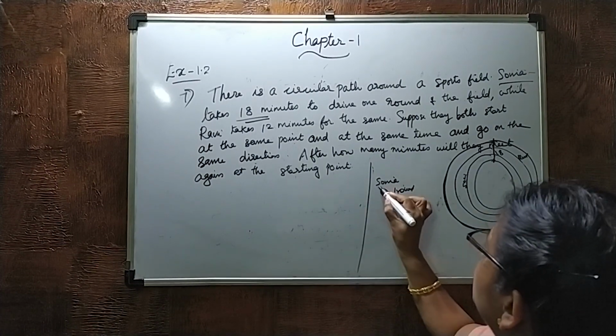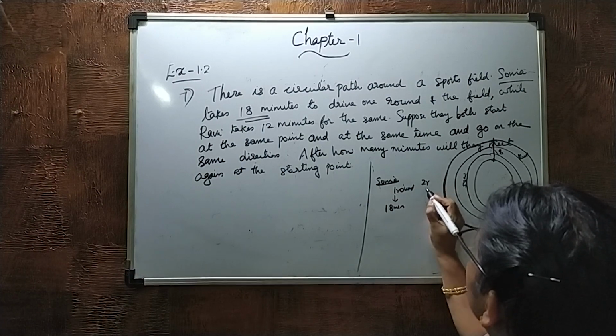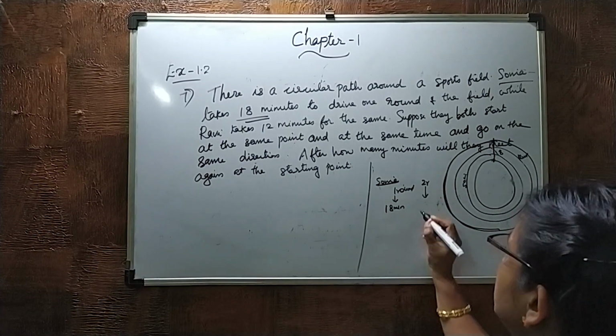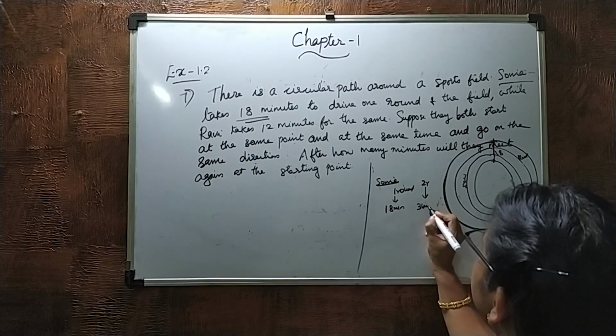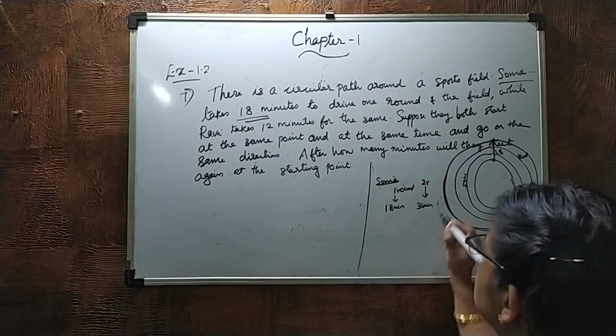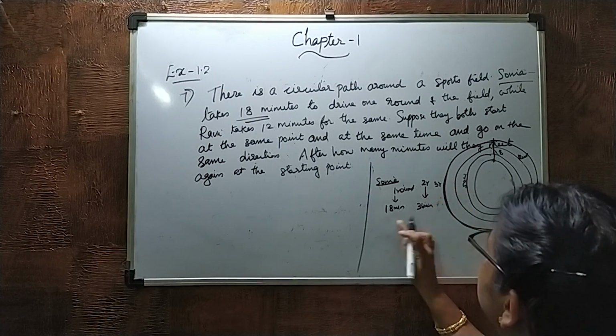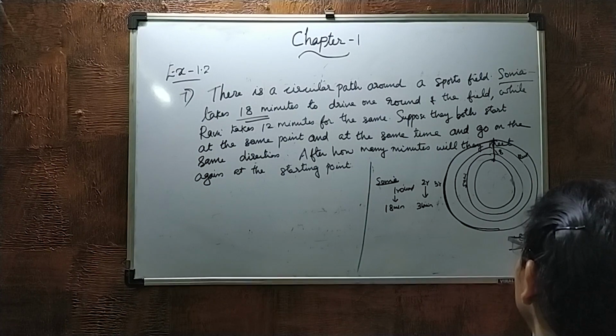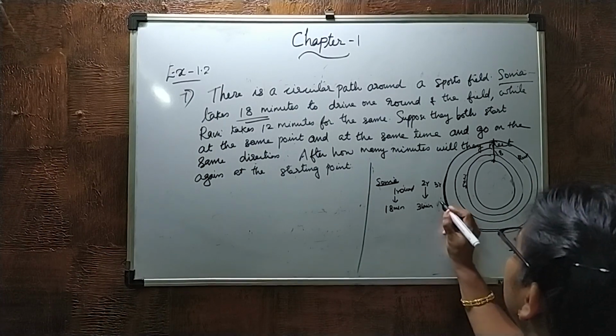Right? What about 2 rounds? 18 plus 18, or 18 into 2, we get 36 minutes. What about 3 rounds? 18 into 3 is 54 minutes.